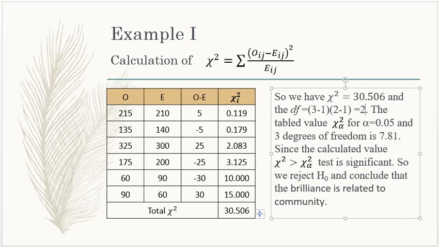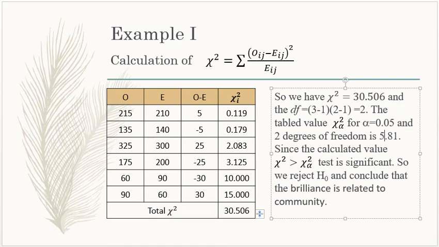So the degrees of freedom is 2: 3 minus 1 into 2 minus 1, the 2 into 1, it is 2. The tabulated value for 2 degrees of freedom, I think it will come to 5 point something.